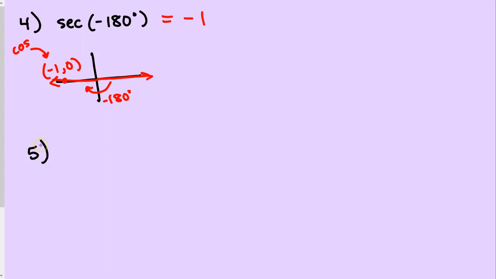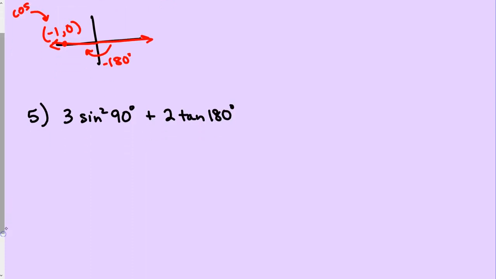And then lastly, we have some problems in there that kind of mix up a bunch of things, so let me give you an example. Suppose you see something like this, 3 times sine squared 90 plus 2 tangent 180. Well, you're going to have to find the sine of 90 and the tangent of 180.